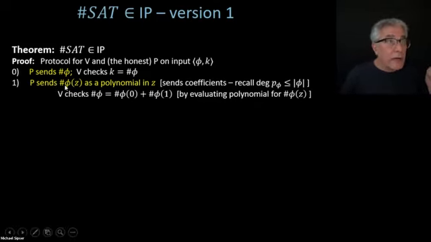If I can send the entire polynomial, phi sub z, represented as a polynomial, I can plug in 0 and 1 into that polynomial and allow the verifier to do the check that it needs to do to demonstrate that number phi is correct. So it's going to check that number phi is number phi of 0 plus number phi of 1. But instead of getting those values directly from the prover, it's going to take that polynomial it got and evaluate that polynomial at 0 and 1.